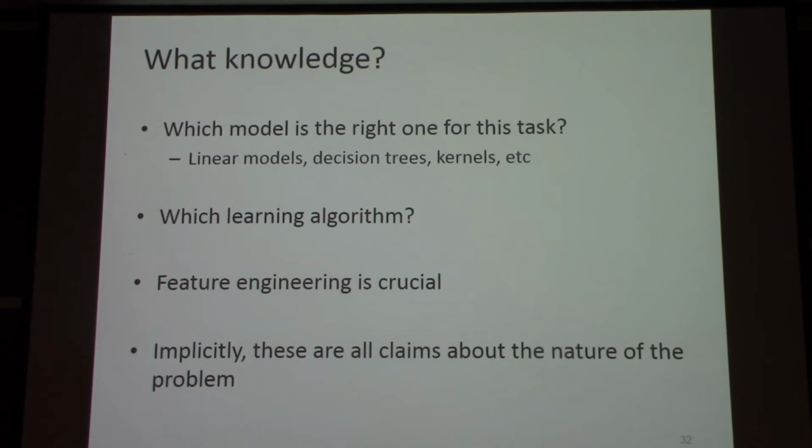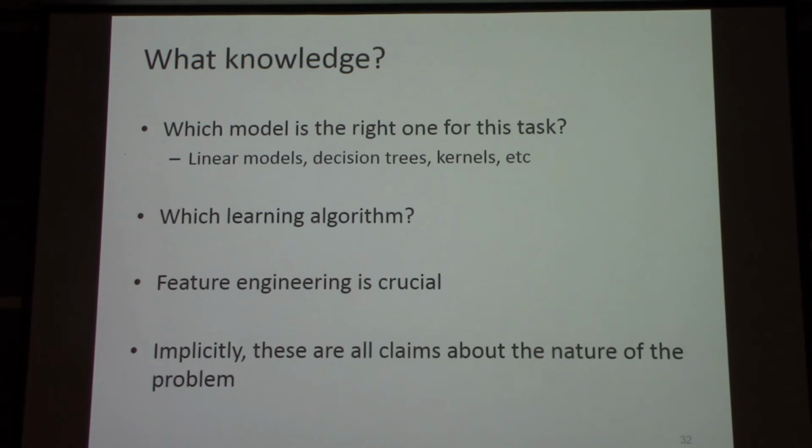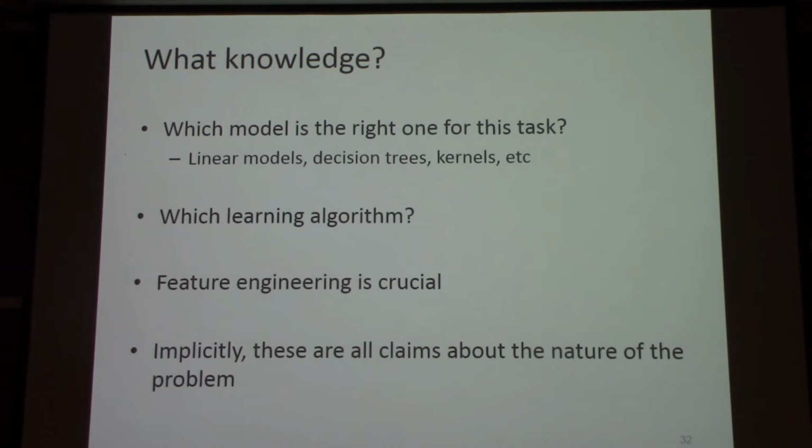You have been making these choices all through the semester. One of them could be, what's the right model? Maybe it's linear, maybe it's a decision tree, maybe it's a kernel, a polynomial kernel of degree 17. You're still making those choices, and somehow you bring in some knowledge that lets you make those choices. You're choosing a learning algorithm, which means you're automatically choosing some sort of objective that you're minimizing.